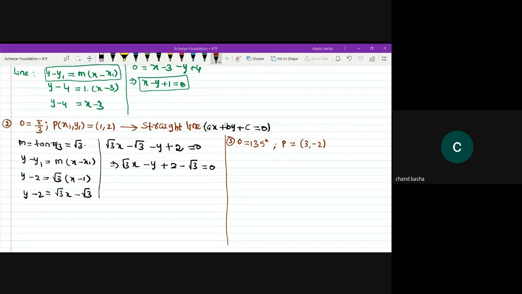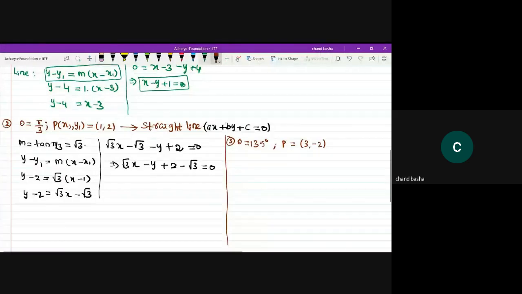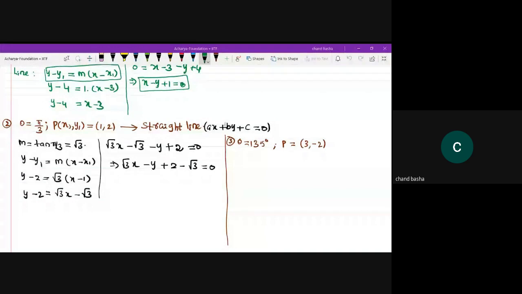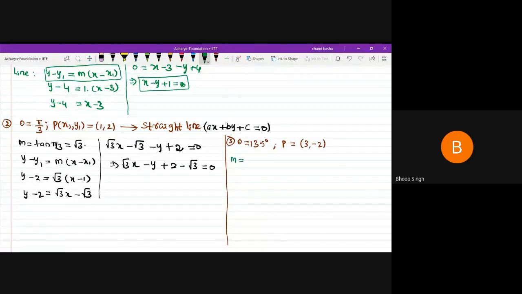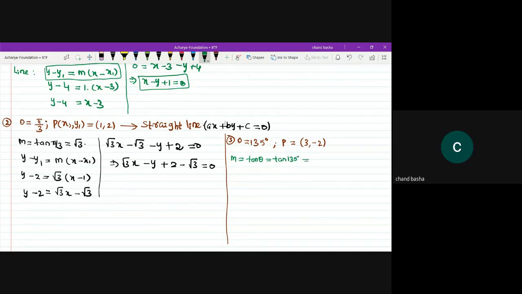You are so good. And Bhoop Singh, what is the slope? Very good. m is equal to, what is the slope?